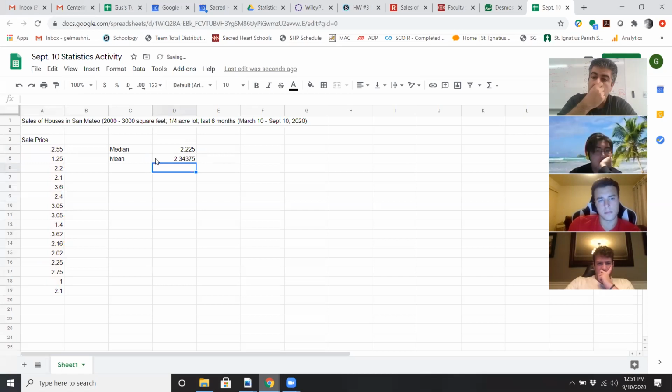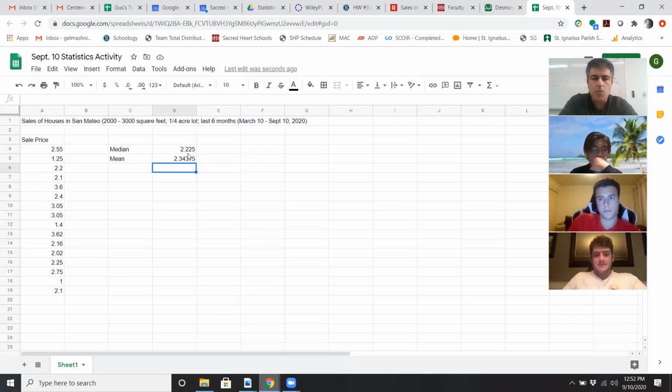So you notice the mean is a little higher than the median. Anyone want to explain why that might be the case? They're not exactly the same, obviously, and they're off by about $120,000. Because remember, these are in terms of millions. So this is $2,225,000. This is $2,343,000 and 75 whatever.